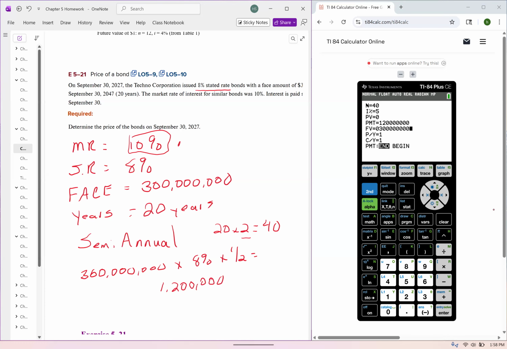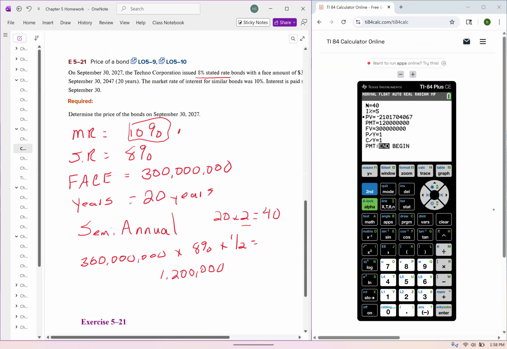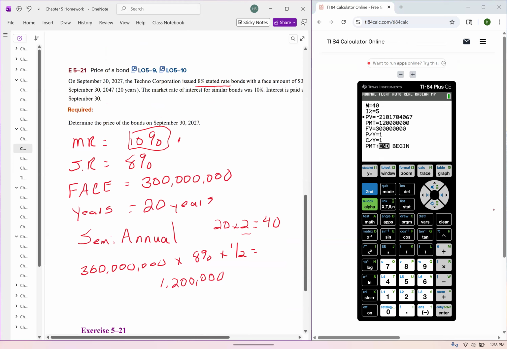So now I hope that this works. I did work it earlier before I started recording. So now we're going to do alpha enter, and we're going to get a number that is not correct. I don't know what I did wrong here, but I know that's not the correct answer because I worked it earlier and did not get that number. So let's jump back up here.